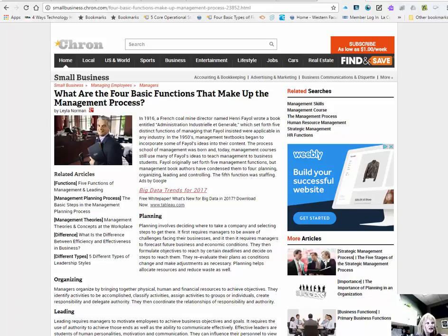So what you see on the screen is an article that I brought up on the 4 functions of management, and this is from the Chronicle on small business. I follow this particular online journal all the time because it has some really good information. As Chelsea pointed out, the 4 functions of management were brought about by Fayol.